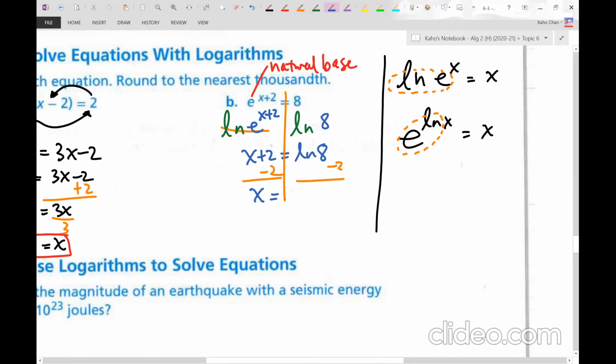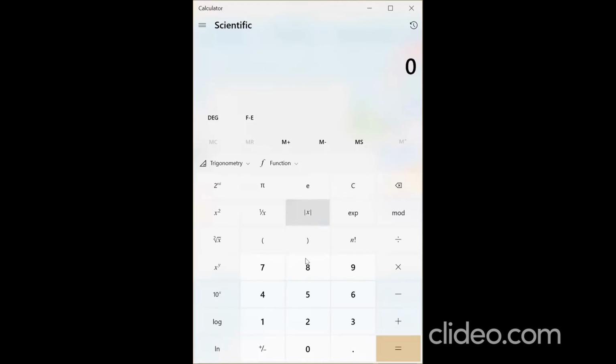Please be careful here. 8 is buried inside the function ln. The minus 2 does not affect it. You just leave it alone like that. Let's break out the calculator and see what happens if we take the natural log of 8 and subtract 2. 8, natural log, here's your ln down here.